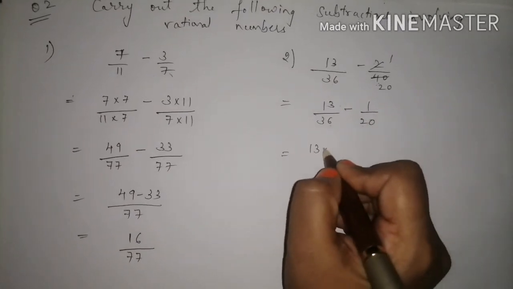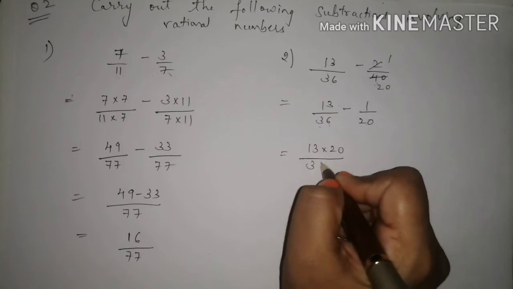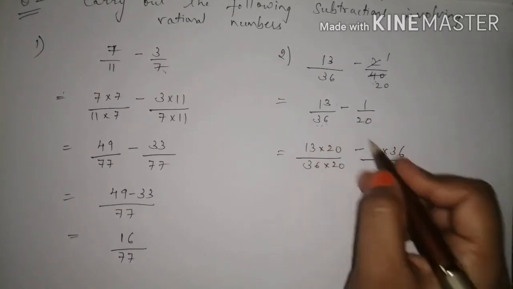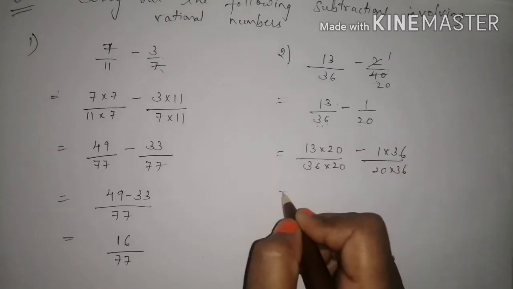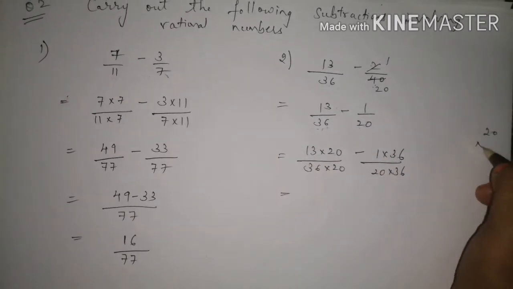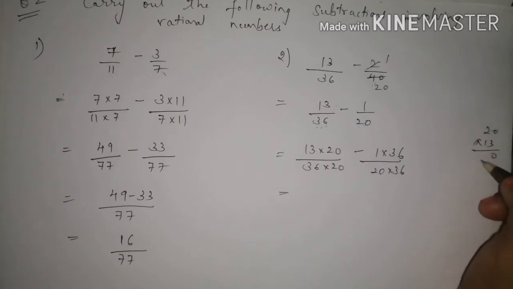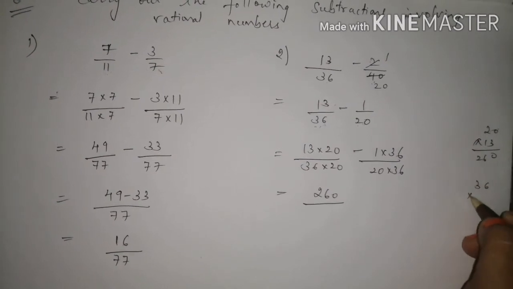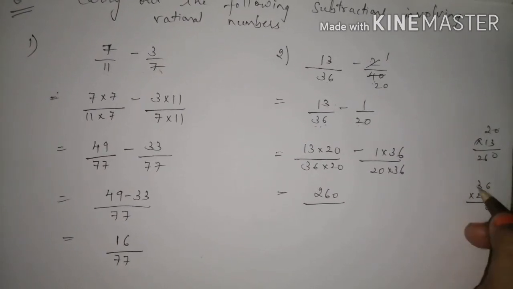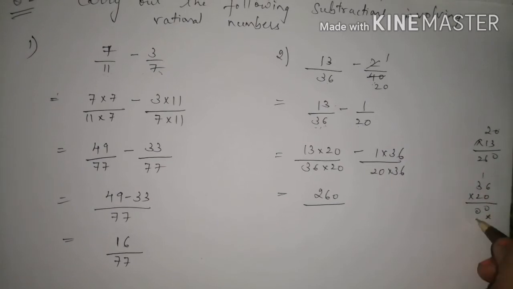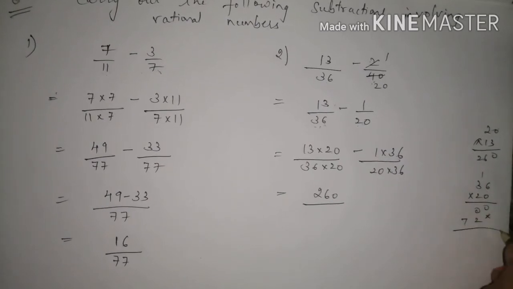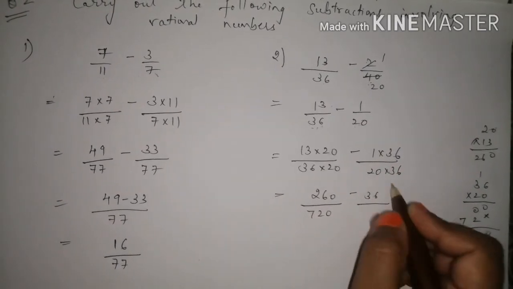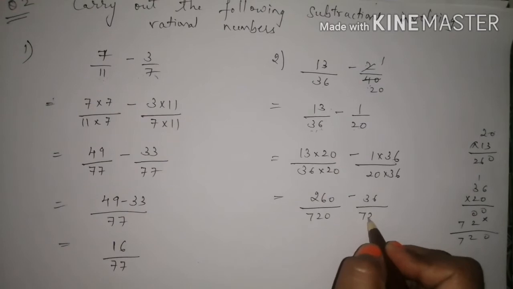We can make them same by doing cross multiplication. So 13 into 20 upon 36 into 20 minus 1 into 36 upon 20 into 36. So let's multiply 20 into 13. 13 zeros are 0, 13 twos are 26, 260 minus 36 into 20. 0 6s are 0, 0 3s are 0, 2 6s are 12, 2 3s are 6 and 1 is 7, 720 minus 36 1s is 36, and 20 into 36 will be same only, 720.